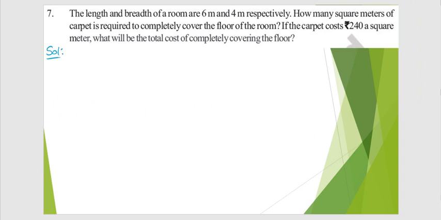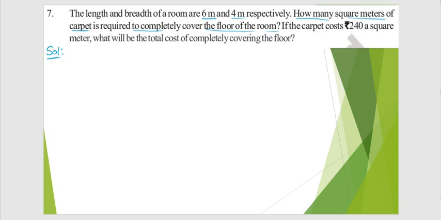The length and breadth of a room are 6 meters and 4 meters respectively. How many square meters of carpet is required to completely cover the floor of the room? If you want to cover the floor of a particular room with a carpet, then whatever the area of the room is, that much carpet is required.